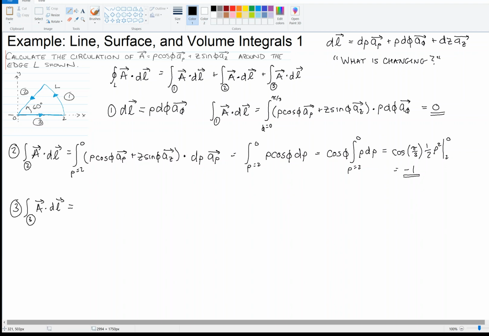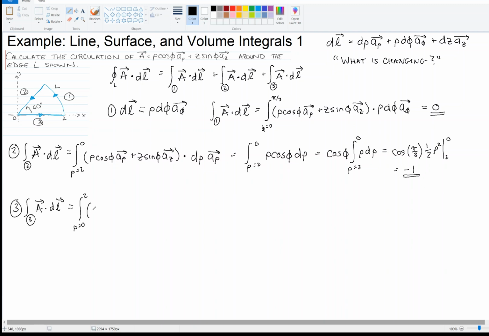Is phi changing? No. Phi stays fixed at 0 degrees on segment 3. Is z changing? No. So I know I'm going to be integrating rho from 0 to 2. Notice that it's different now. It's switched because I'm going outward from 0 to 2.